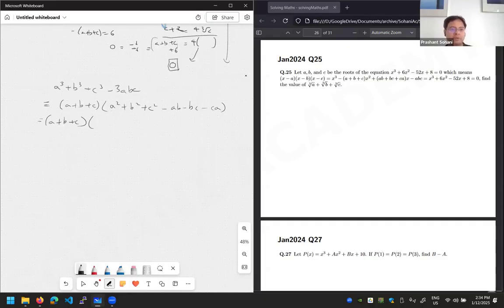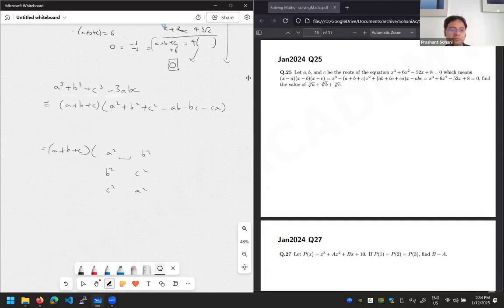My plan is to have a square, b square, and the middle term for that, b square, c square, and finally c square, a square. So I need two copies of each of these a square, b square, c square. But here I have only one copy, right? So what I'm going to do is multiply the whole thing by two. I will multiply and divide by two as an intermediate step before we do the final calculation.